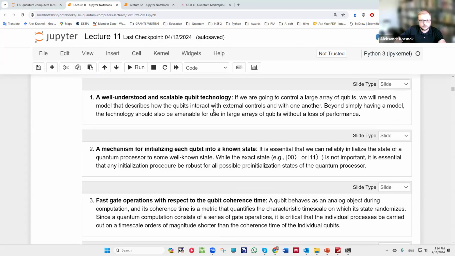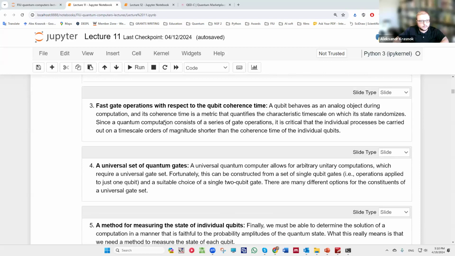Essentially, all this means simply that we need a good, reliable qubit that we can scale to a system of a number of qubits that we can couple to each other in a controlled way, qubits that we can address and initiate in a particular state of our interest, and that we can read out after the quantum algorithm is executed.